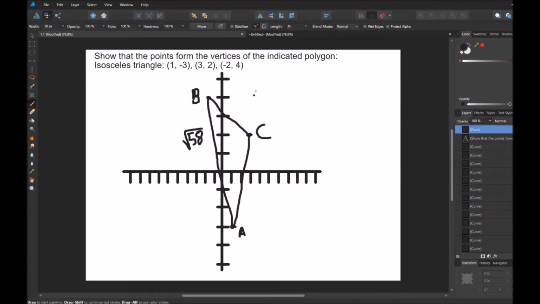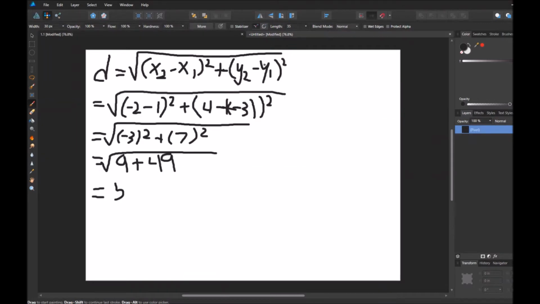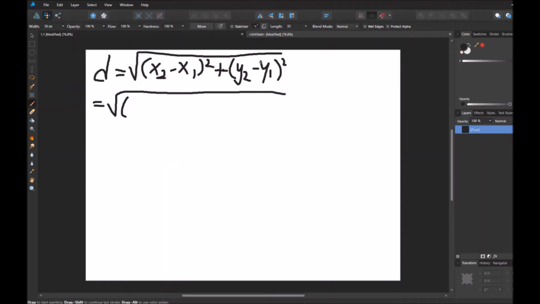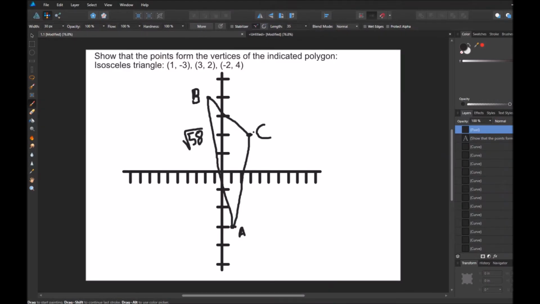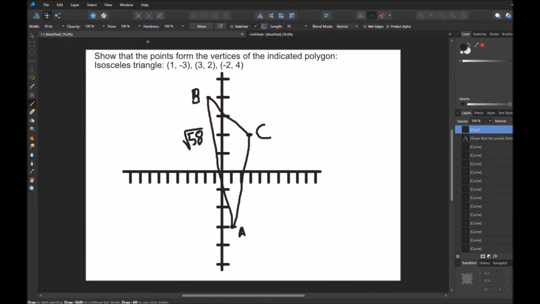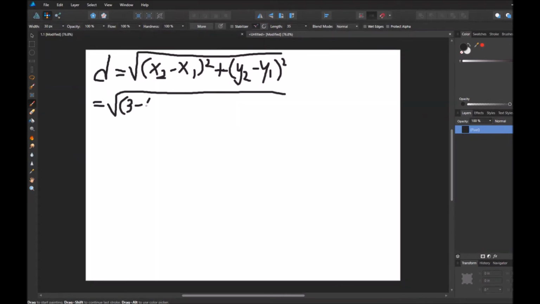Now let's find the distance between point B and point C. So x2 is going to be 3, and x1 is going to be -2.